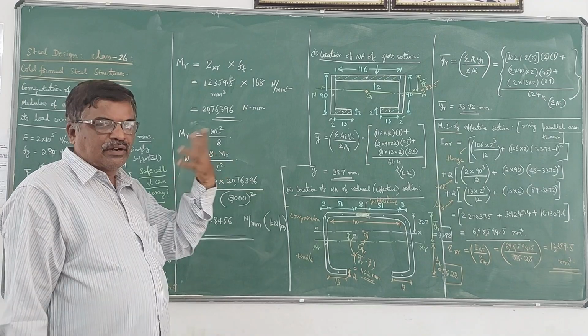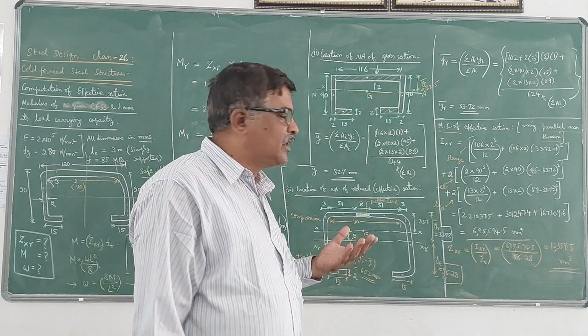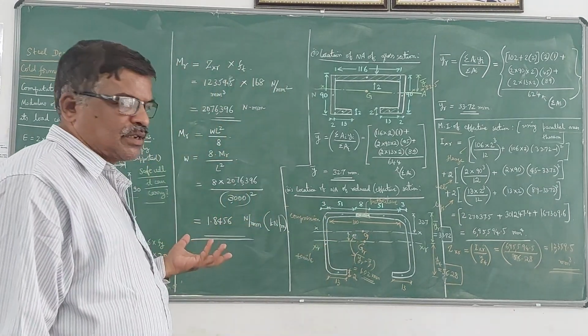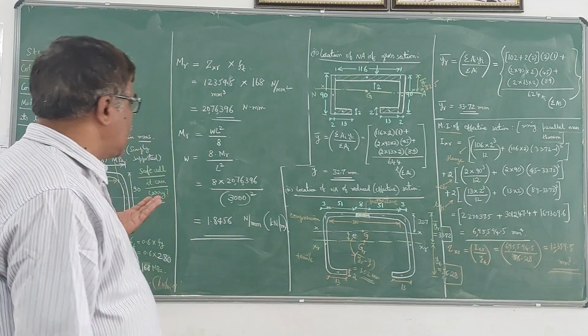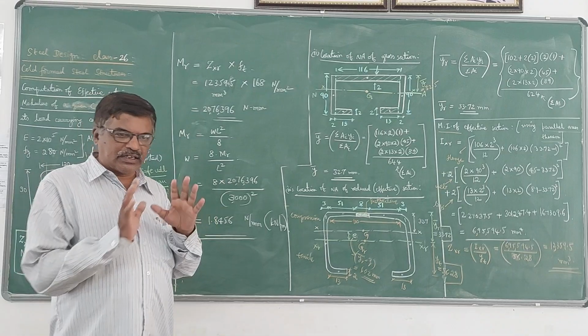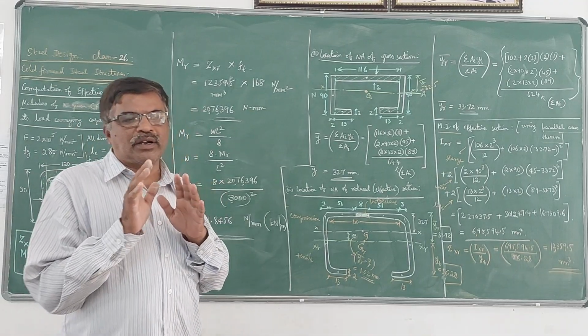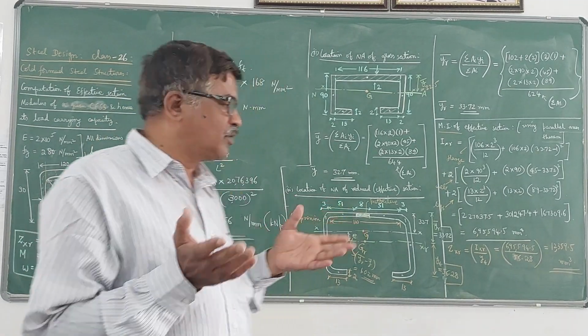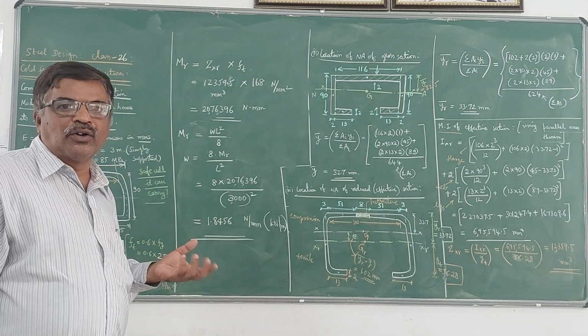Here the question asks for UDL, therefore WL square by 8 for a simply supported beam. So we use the respective formula. The only thing is that finally we equate the moment of resistance with the maximum bending moment and find the unknown load.